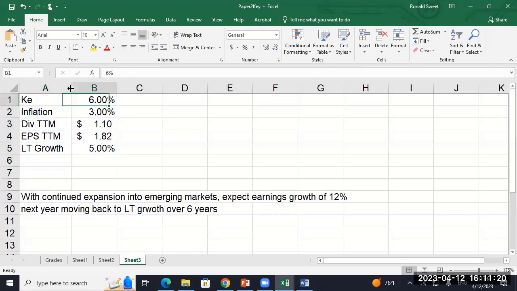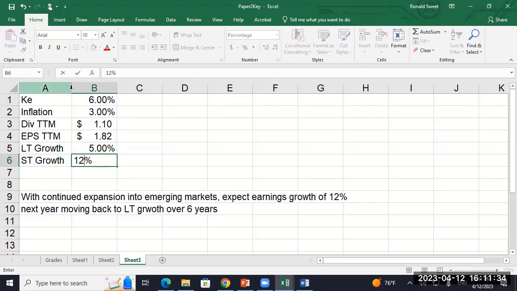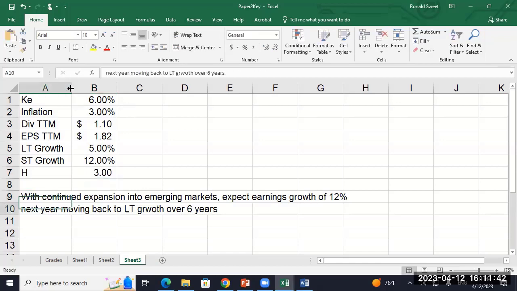So I gave you the discount rate, inflation, dividends 0, earnings per share 0, long-term growth. So short-term growth is what here? 12%. And your H is what here? 3 because it's 6 years. All right.